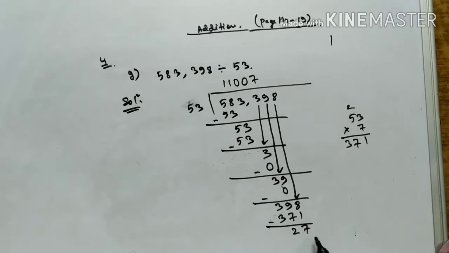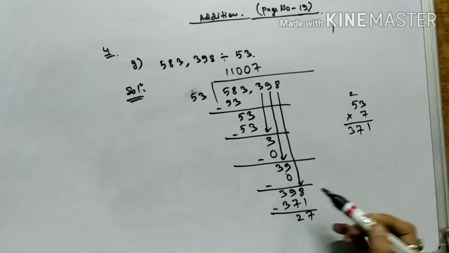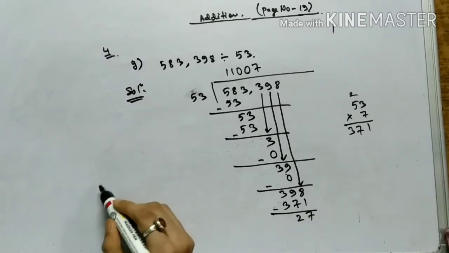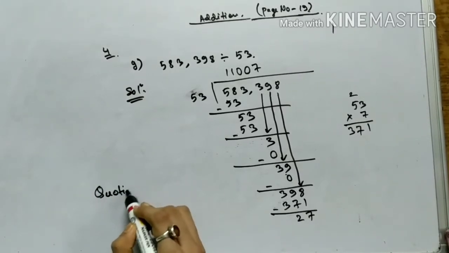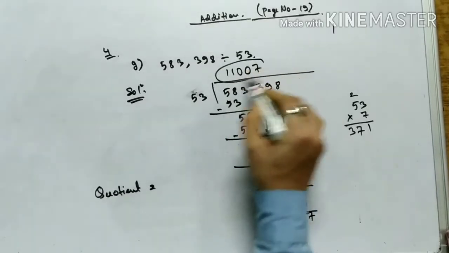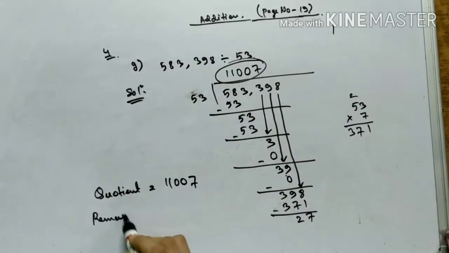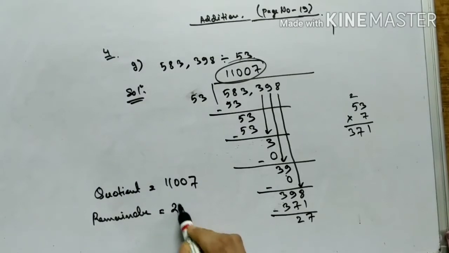So now this is the remainder. 27 is the remainder. Now no number is there to come down, so 27 is the remainder. So therefore quotient will be 11007, and remainder will be 27. Let me check the back answer.